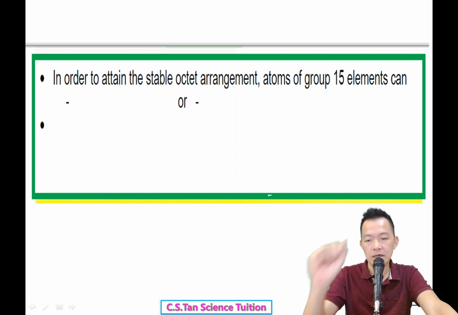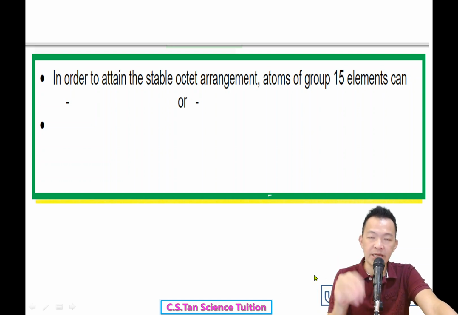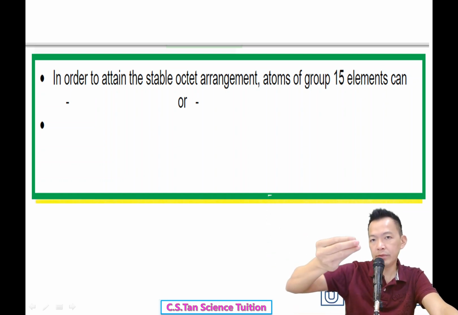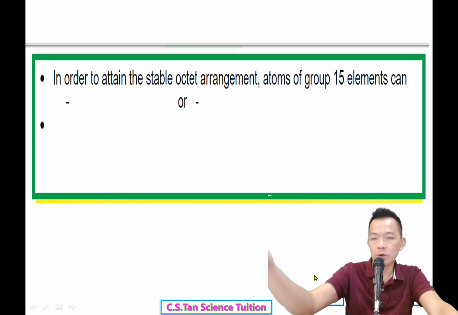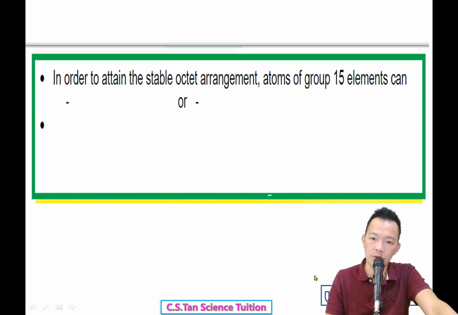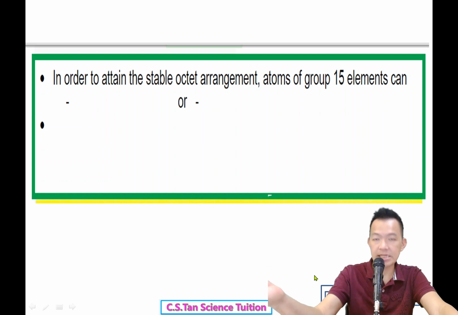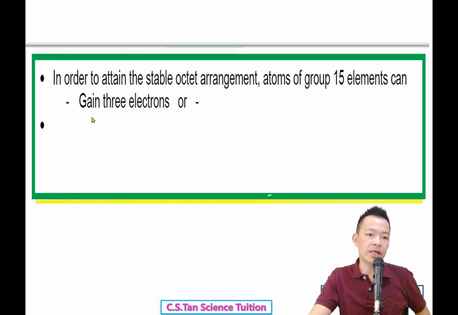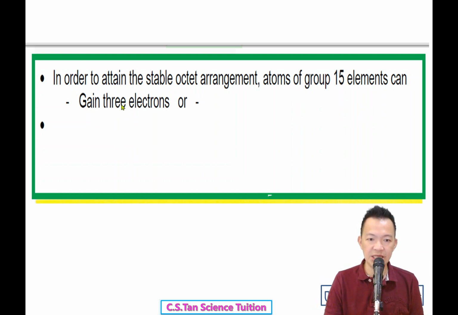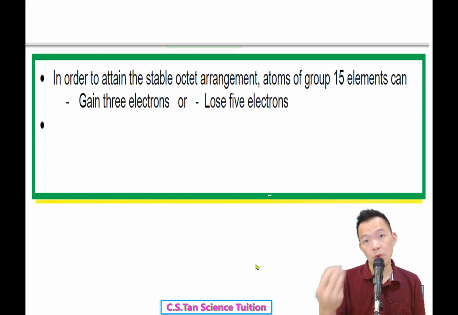To make itself become stable, they can lose the 5 electrons, or gain 3 electrons from others. Would you rather lose 5 flowers or receive 3 flowers? Gaining 3 is better, right? So there are 2 methods: gain 3 electrons, or lose 5 electrons.